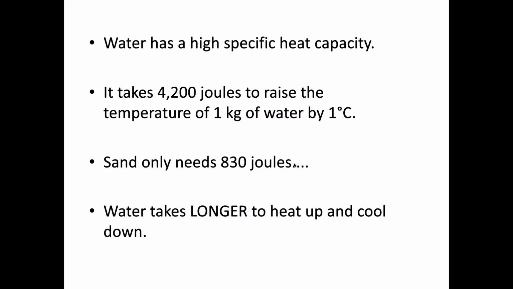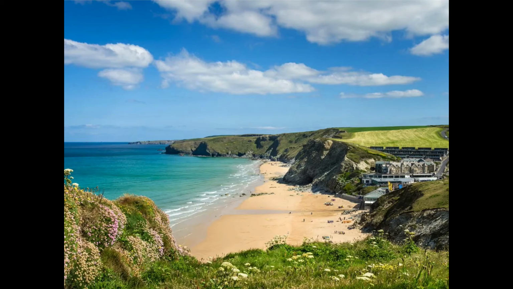Okay, but actually we are much more interested in this effect, the coastal and inland issues, because it's exactly the same point. If you live on the coast, you live near the sea, obviously. We've just said that water has a very high specific heat capacity.